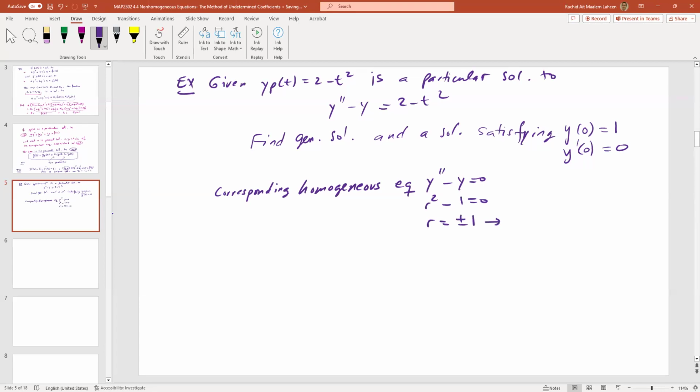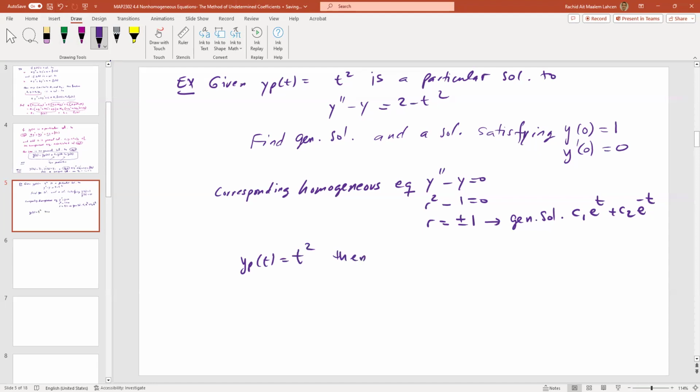And they are distinct real roots, which means the general solution of the homogeneous case comes up in this form, right? So YP is given, YP here in this case, sorry, I rewrote that twice. YP is just t squared, so YP is given.